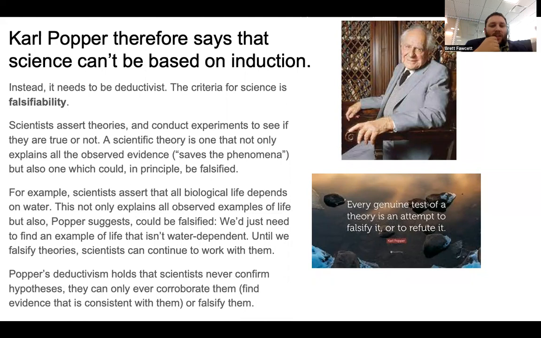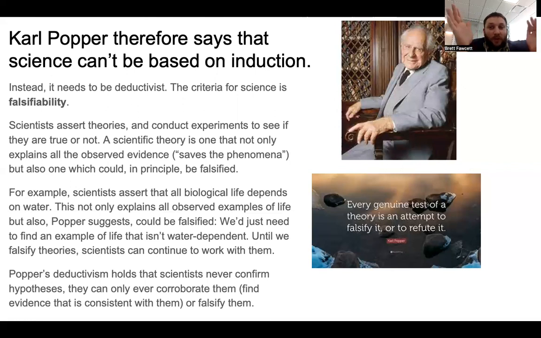A scientific theory is one that not only explains all the observed evidence. It's not just something that saves the phenomena. It also has to, in principle, be falsifiable. You could falsify it. So for example, a scientist can say that all biological life depends on water. Okay, it's an assertion based on all the examples we've ever seen. All biological life we've ever seen has depended on water. So we can posit that.